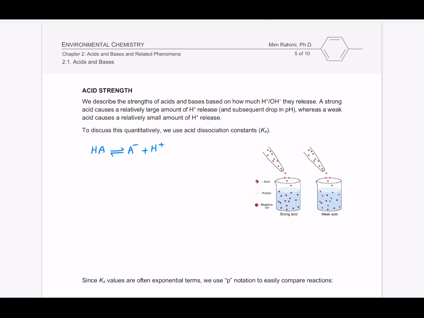And for this specific reaction, we can designate a special K. The general K would be A minus, as always, H plus over HA. And if it's written this way, then we can call this the dissociation constant or acid constant.